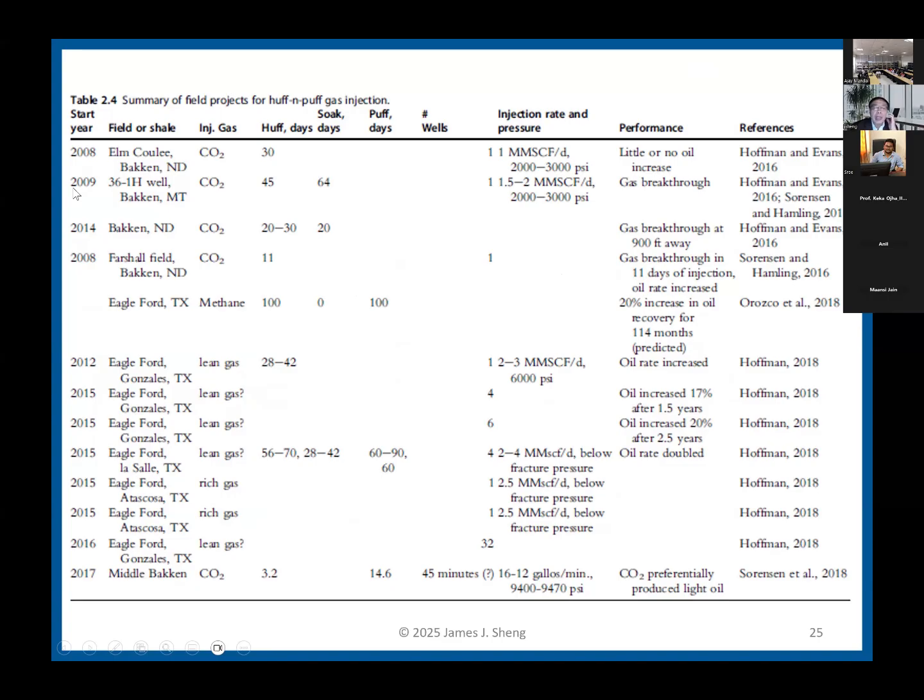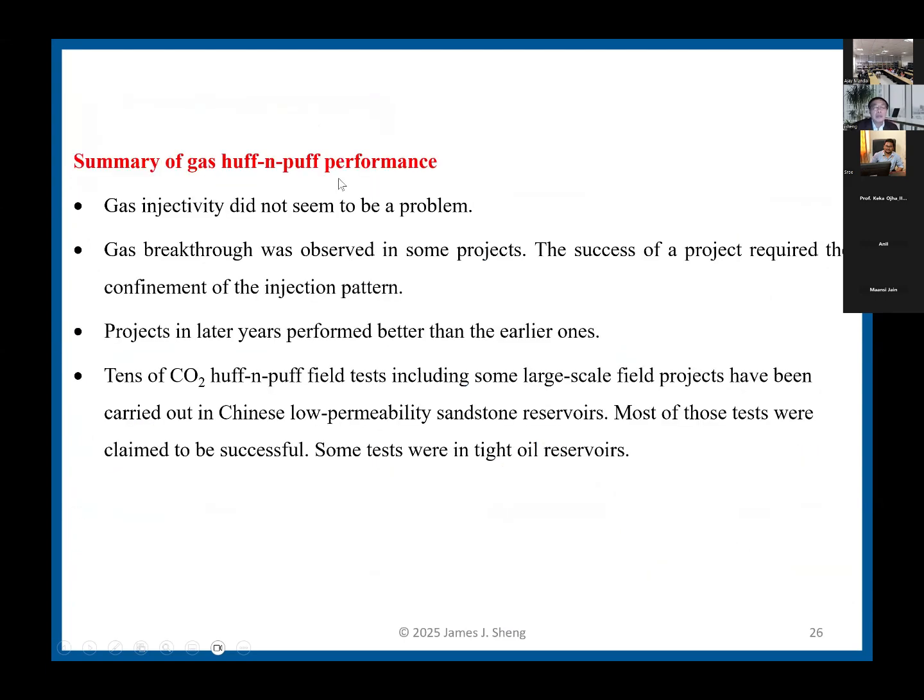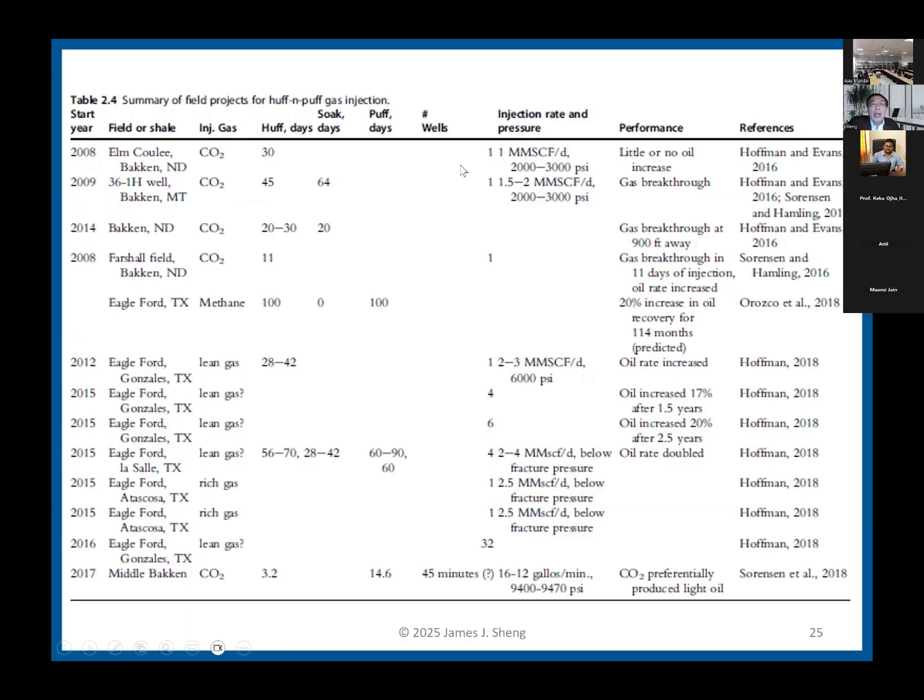Let's look at what the projects are. The first column is the year, second is the field name, third is the injected gas, fourth is the soaking time, and the number of wells, and here is injection rate, performance, and reference. What I did is go from the early years to later years. Then let's look at the performance.